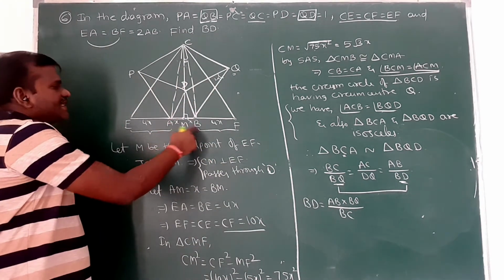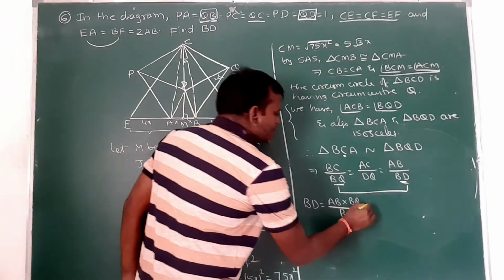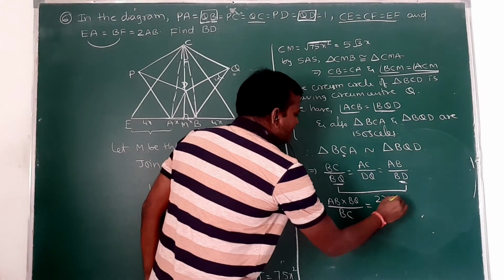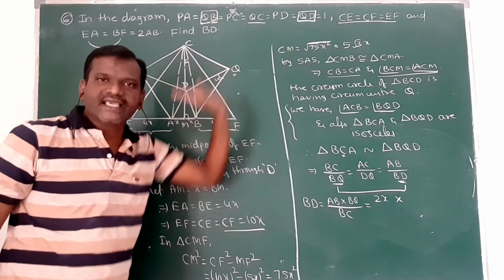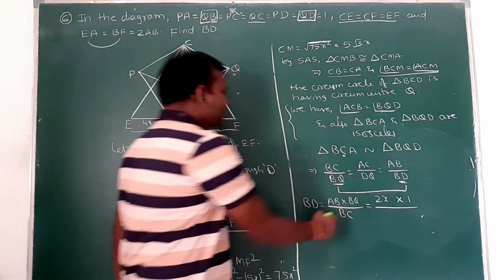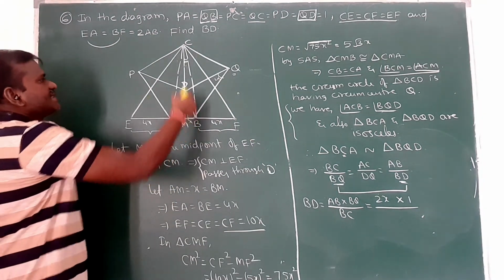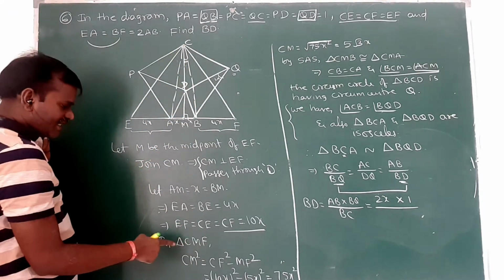What is AB length? AB length is 2x. So AB length is 2x into BQ length. BQ length is 1 already given, by BC length I want here. Where did I get CB length?